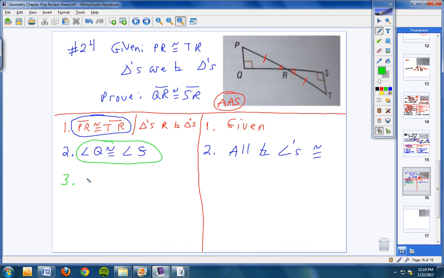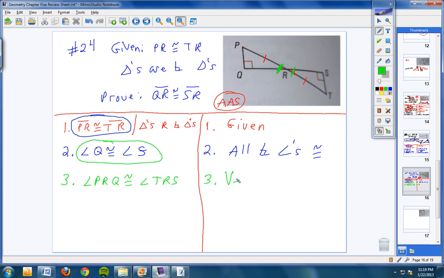Well, I can state that angle PRQ, you see it? PRQ, this angle right here, is congruent to angle TRS. That would be this angle right there. Angle TRS. And how can I state that?